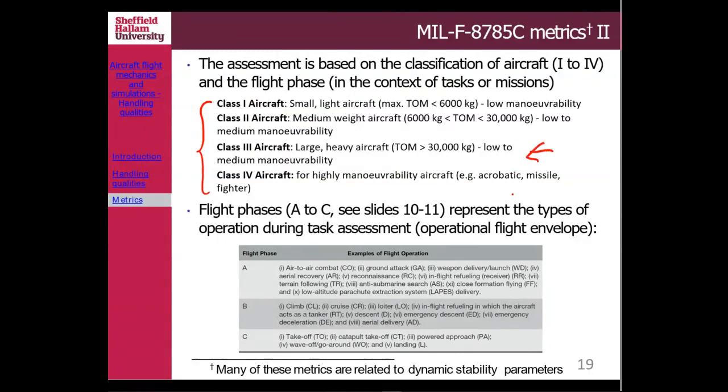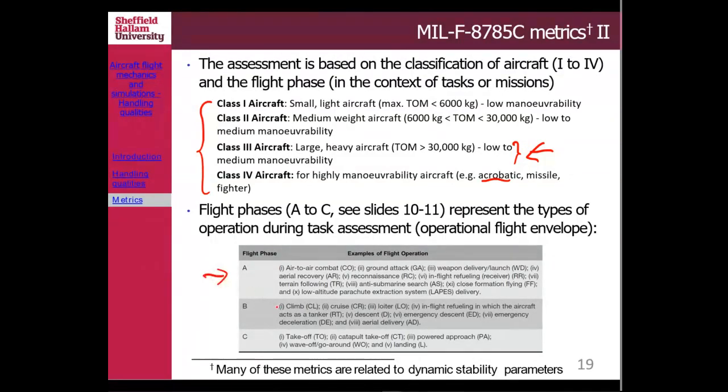Then I guess we agree that the aircraft you design is in the class where the takeoff mass is greater than 30 tons, right? There is a class 4, which has to do with acrobatic aircraft, fighters, missiles and so on. But your aircraft perhaps falls into class 3. Now, we have already discussed what flight phase you want to assess.